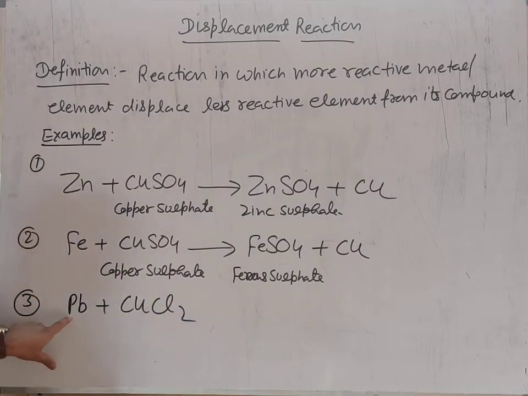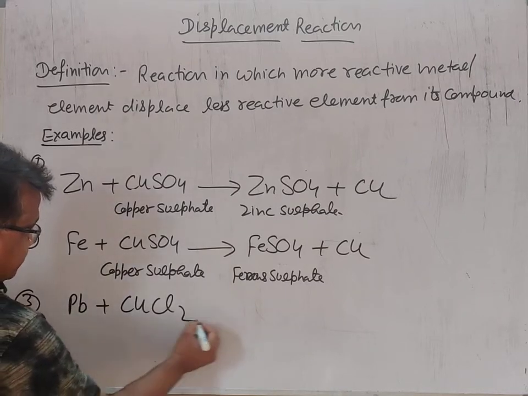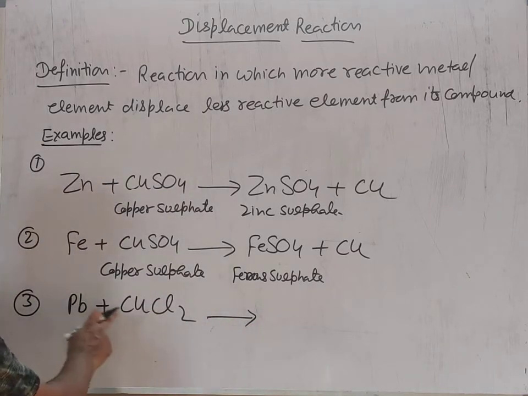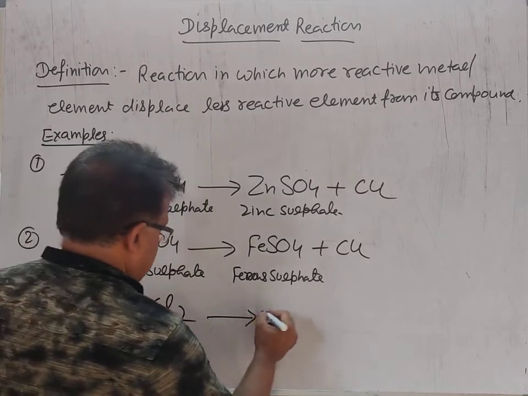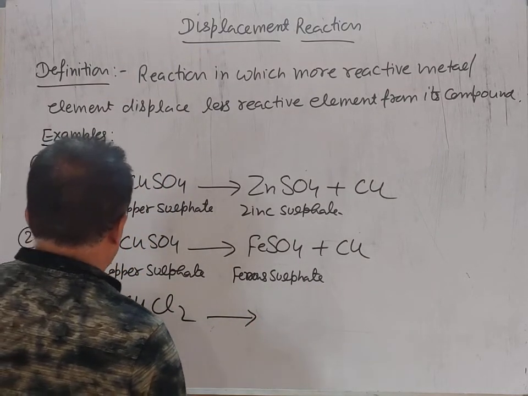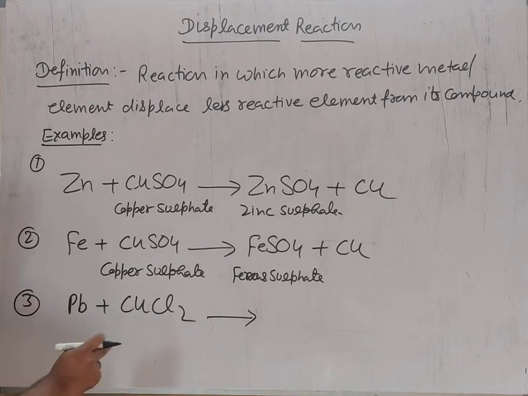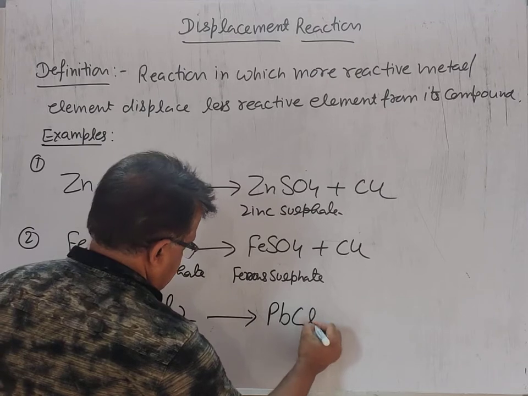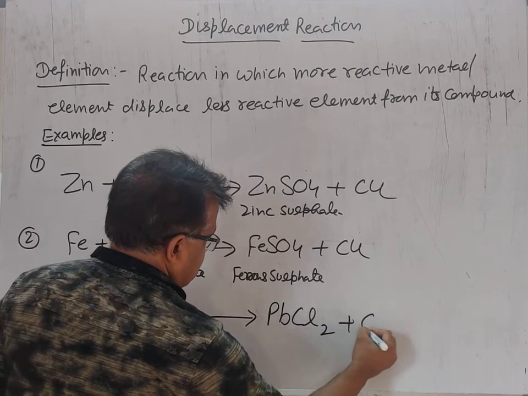We know that again lead is more reactive than copper. So it is copper chloride. Then what will happen? Because it is more reactive, lead will displace copper. And what shall we get? We shall get PbCl2 plus copper.